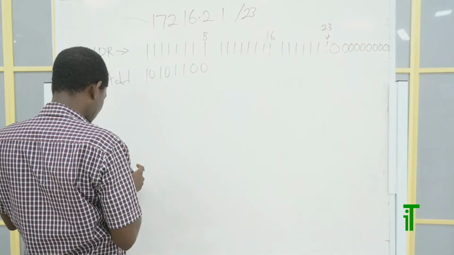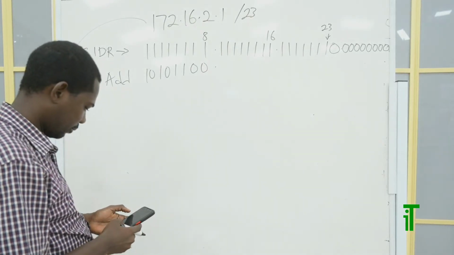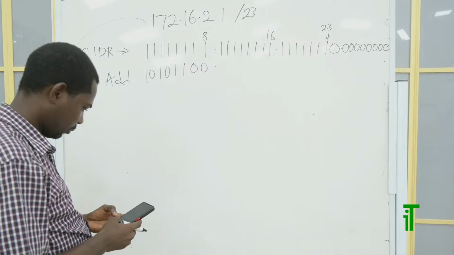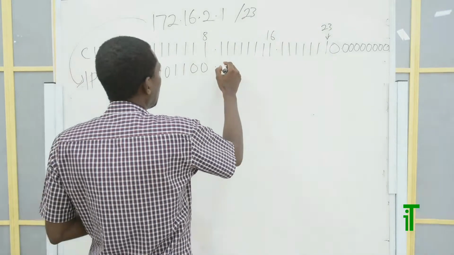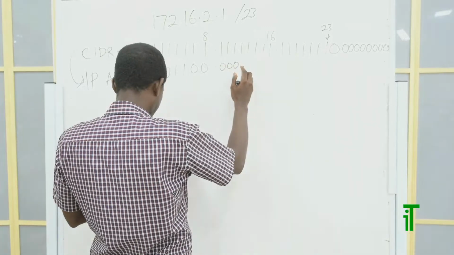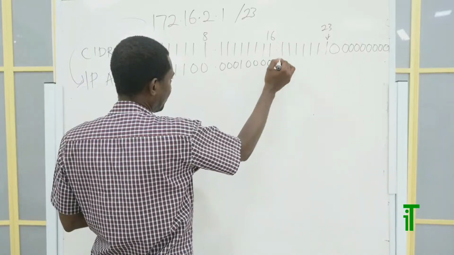Then we have dot 16, which in binary is 00010000.